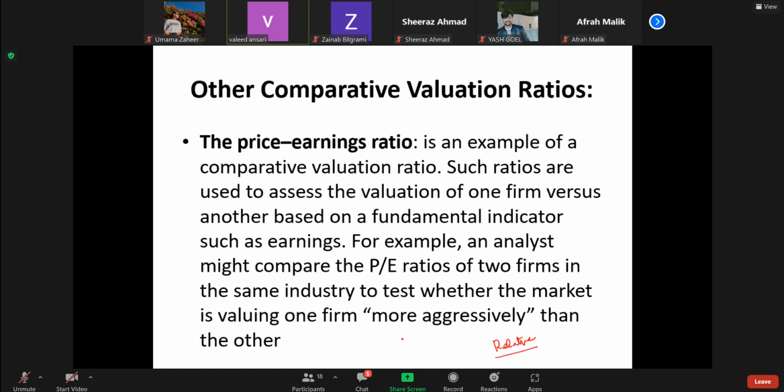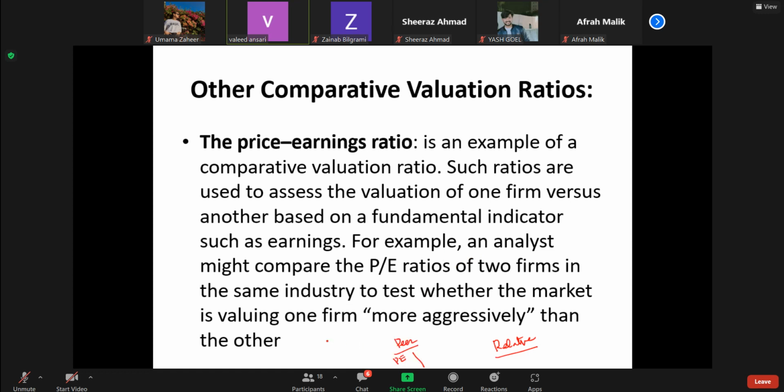For example, if you take a peer group of companies, we can use a method like P/E ratio or book value to market value. That is why these are used for comparison.